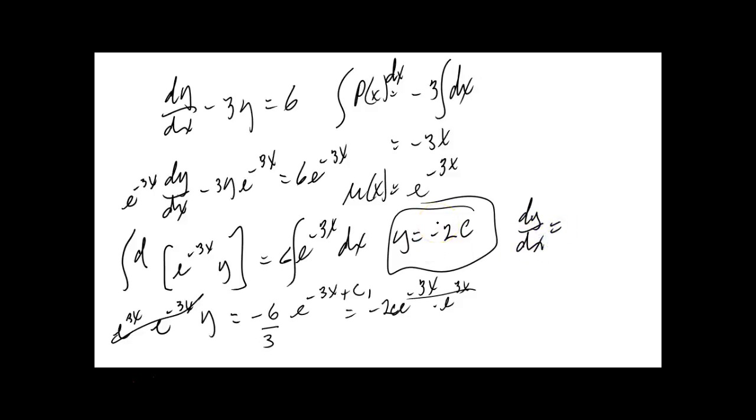When you take the derivative of minus 2c, what do you get? 0, right? It's just a constant. So now we have dy dx is 0 minus 3 times y, which is minus 3 times a minus 2c. That's equal to 6. So it looks like 6c is equal to 6. Looks like c is always equal to 1.